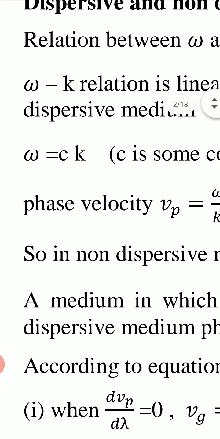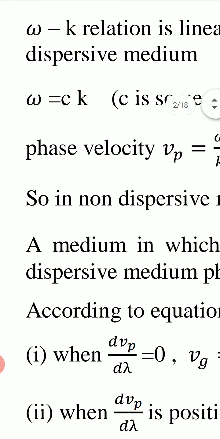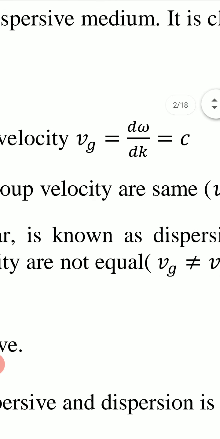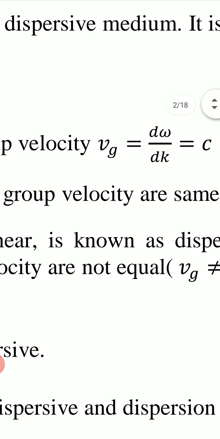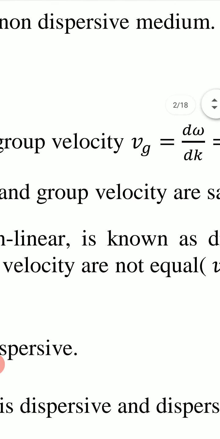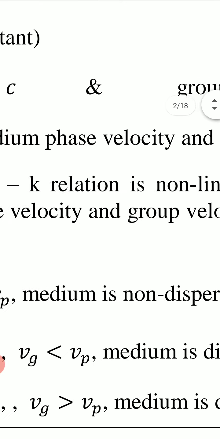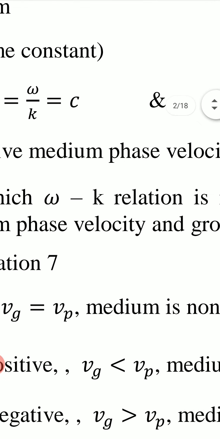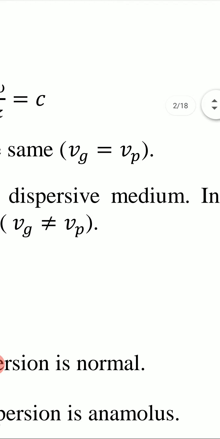Then phase velocity Vp, which is omega upon k, is c. And group velocity Vg, which is d omega upon dk, is also c. So for a non-dispersive medium, with a linear relationship between omega and k, phase velocity and group velocity are the same, Vg equal to Vp.